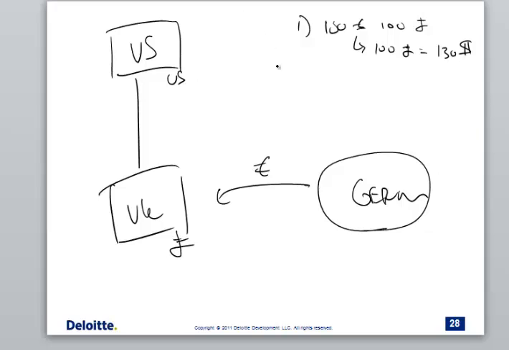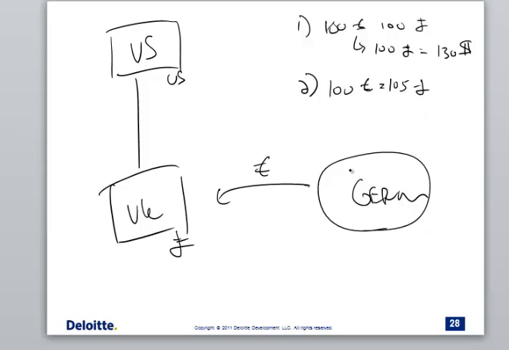So let's say on day two, Germany pays the UK 100 euros, and now 100 euros is, let's say, 105 pounds.